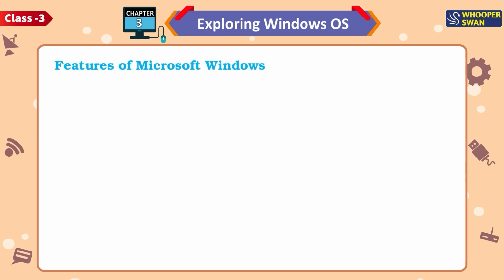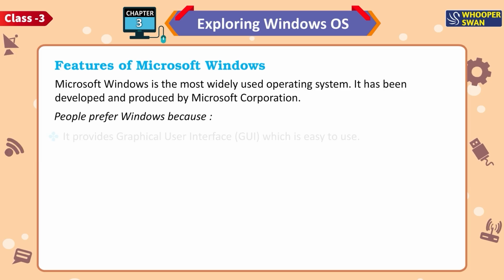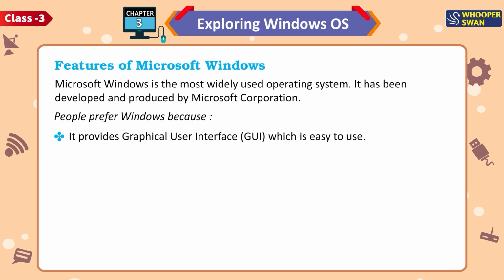Features of Microsoft Windows. Microsoft Windows is the most widely used operating system. It has been developed and produced by Microsoft Corporation. People prefer Windows because it provides graphical user interface, GUI, which is easy to use.